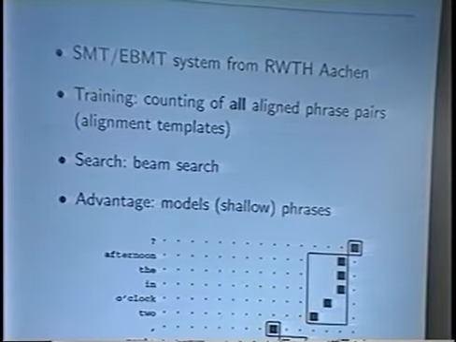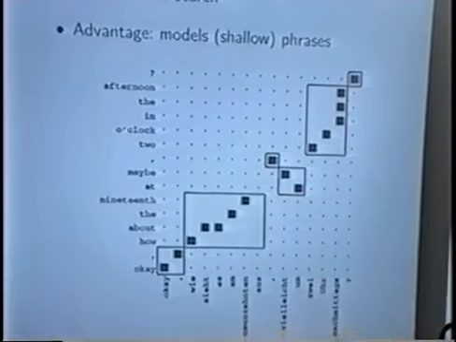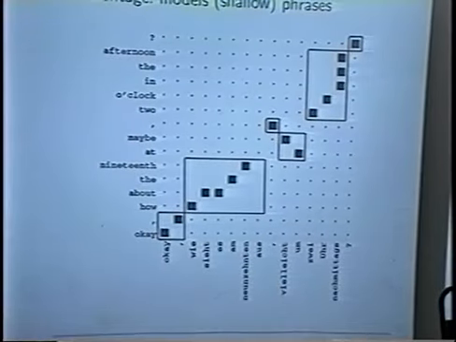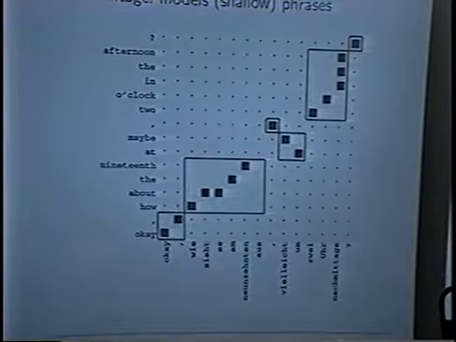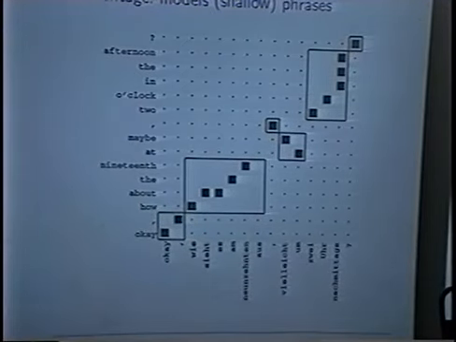But the major difference between this approach and all the IBM approaches is that there is a basic level of phrase alignment in it. So there are 2 different alignment levels: a low-level word alignment and a high-level phrase alignment.